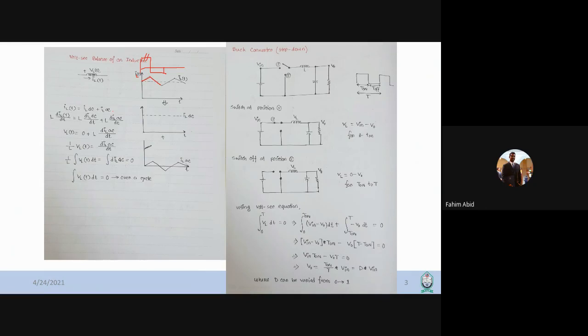Okay, and then if we do the differentiation of this on the two parts, then L di_L/dt equals L d(i_L,AC)/dt plus the DC part. We know that the differentiation of the DC part is 0 because this is a fixed value. It's a constant, and the differentiation of a constant is 0.